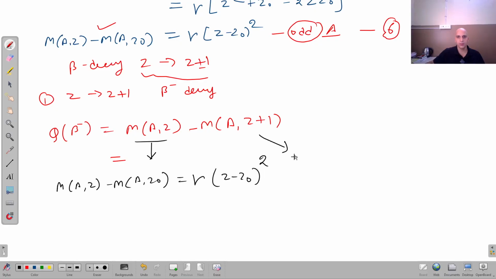For this one, I am writing M(A,Z+1) minus M(A,Z0) is equal to gamma into (Z+1 minus Z0) whole square.